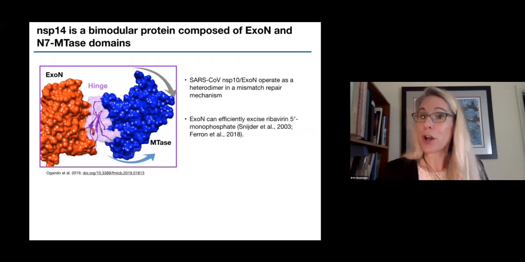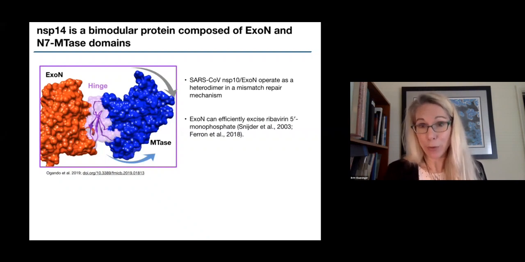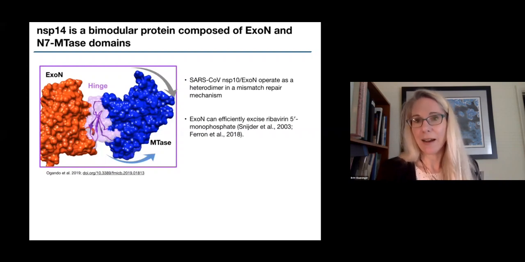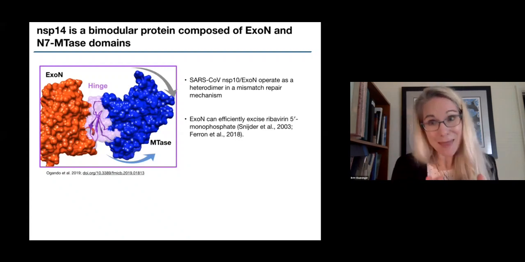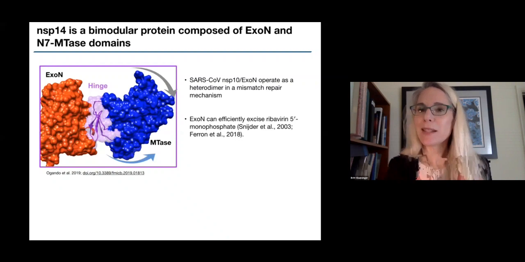I think it's important to note some of the ramifications of having a proofreading activity on an RNA-dependent RNA polymerase, because this makes this virus different from all other RNA viruses that infect humans that we know of. The main thing is that if you have proofreading activity, you have the potential as a virus to excise mutagens.